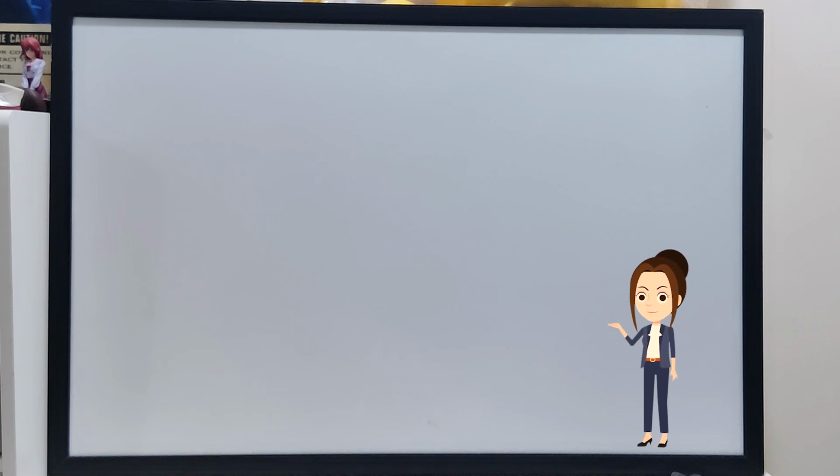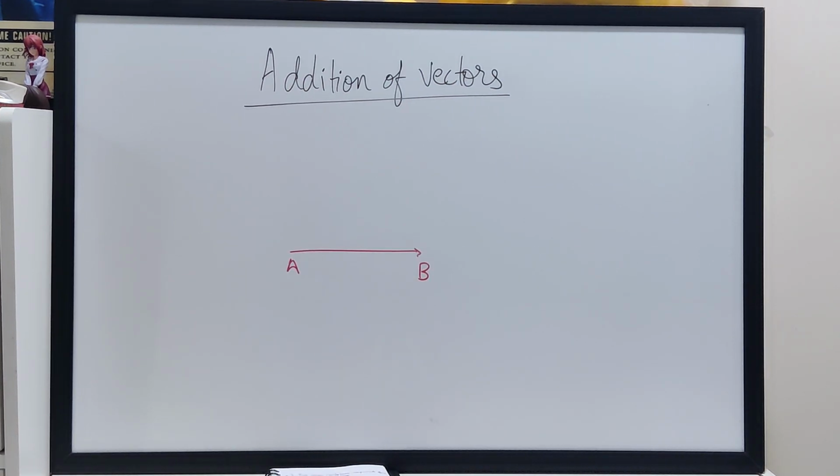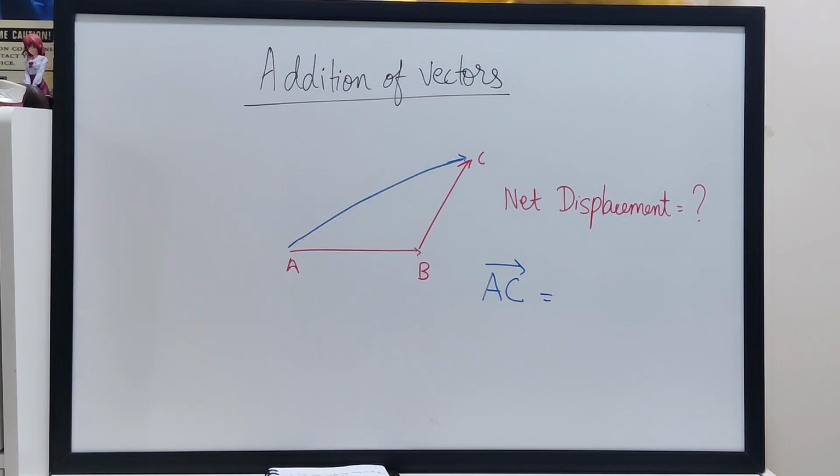So today, this video is in continuation with the previous video. Here we'll begin with addition of vectors. Vector AB is the displacement from point A to point B. Similarly, vector BC is the displacement from point B to point C. Now if I ask you what will be the net displacement, you will have to take up the initial point A and the final point C. So AC will be the displacement.